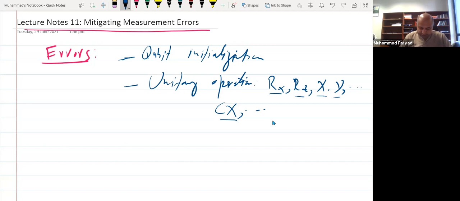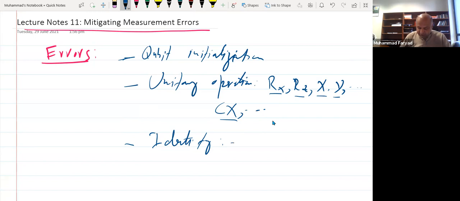And even when we are doing something to some qubits and not doing anything to others, for example, we are just doing the identity operation, which means that we are not doing anything, even then, errors are coming into our system because of the noise that is present in the system.